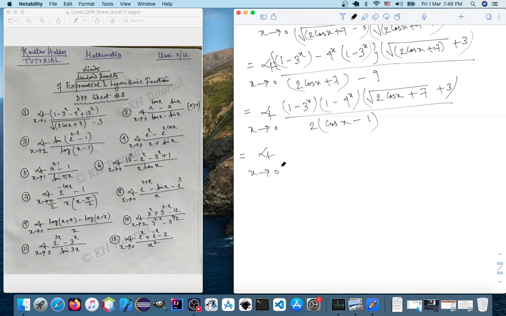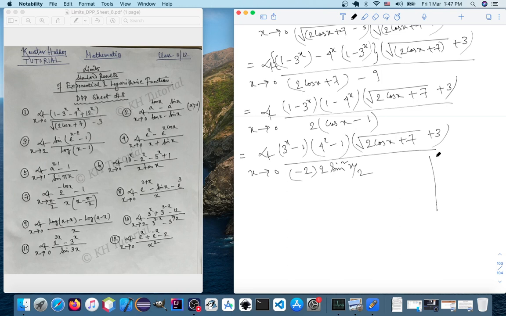So after rearranging, this can be written as follows. We know that cos x minus 1, we take minus common and write it as 1 minus cos x, and 1 minus cos x is 2 sine square x by 2.